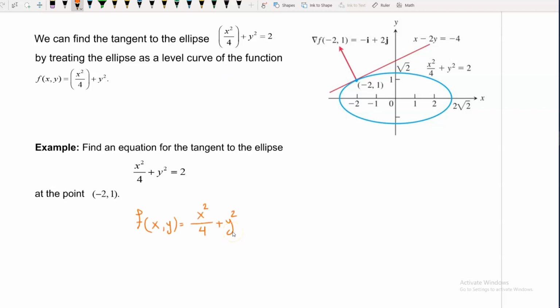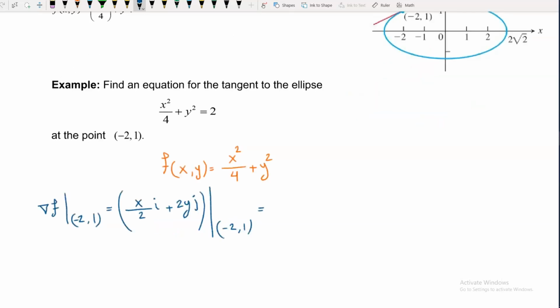The ellipse is a level curve of the function f of x, y equal to x squared over 4 plus y squared. The gradient of f at (negative 2, 1) is, so here we have 2x over 4, that is x over 2, i plus 2y j at this point (negative 2, 1).